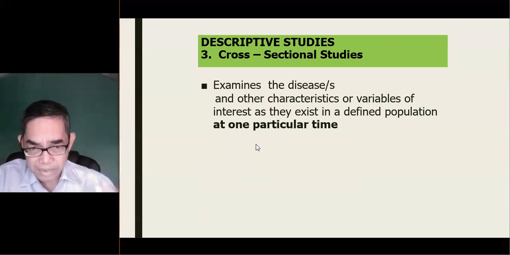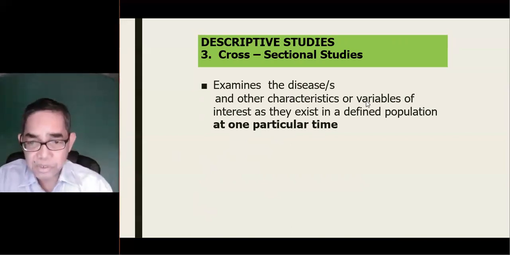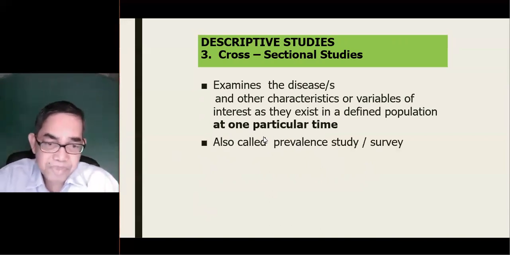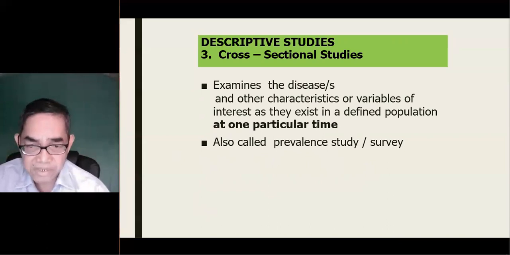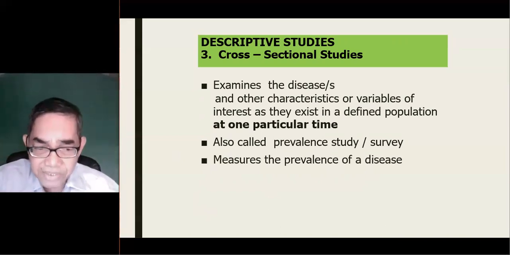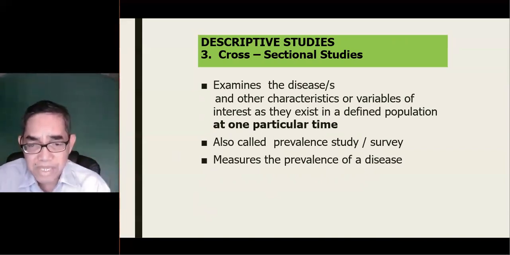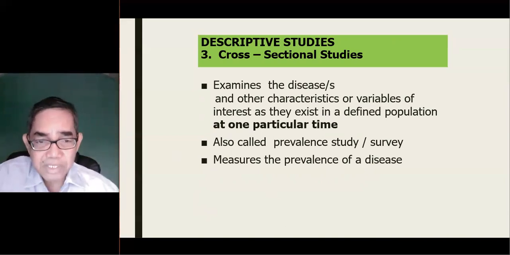We examine the characteristics or the variables that you are interested in of that disease at one particular point in time. It is also called a prevalence study or a survey. It measures, therefore, the prevalence of the disease.